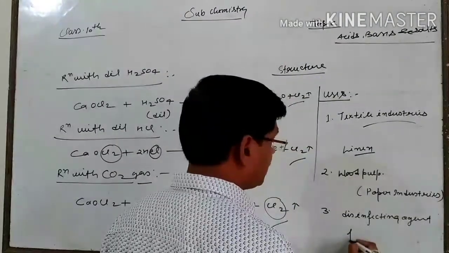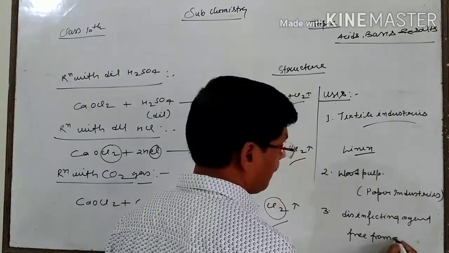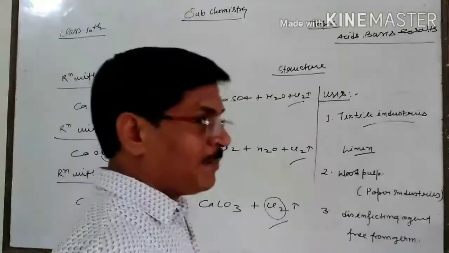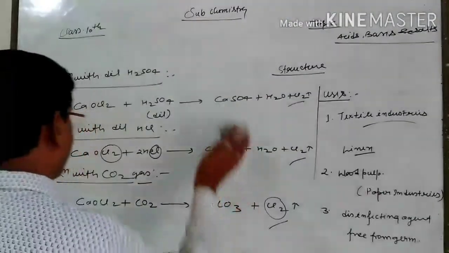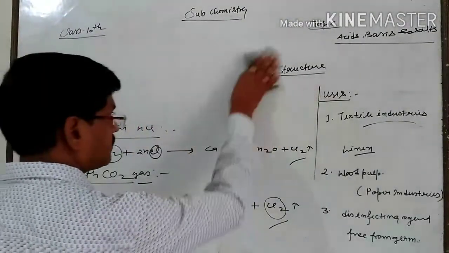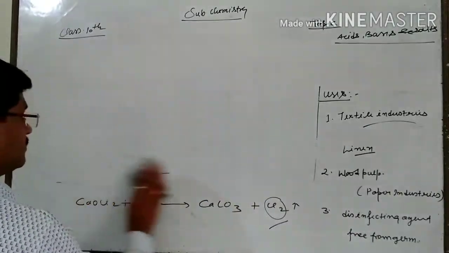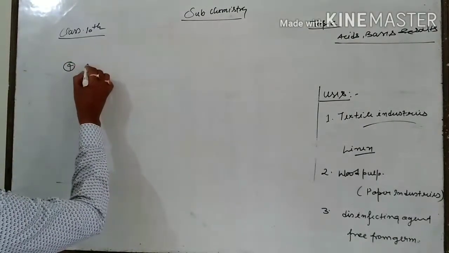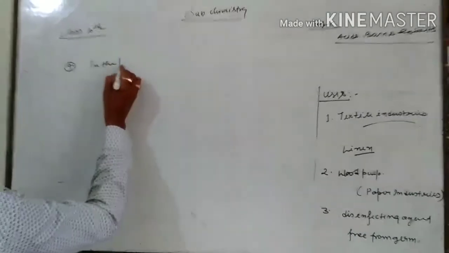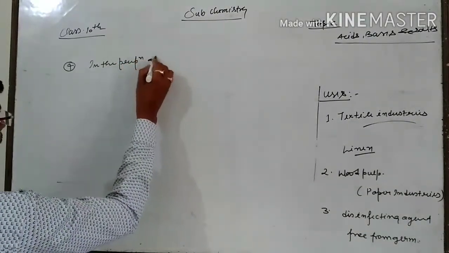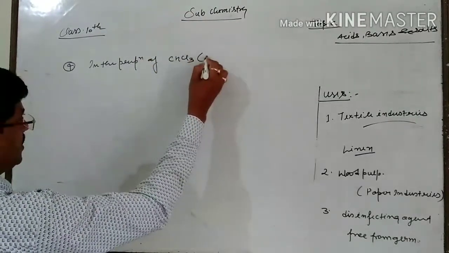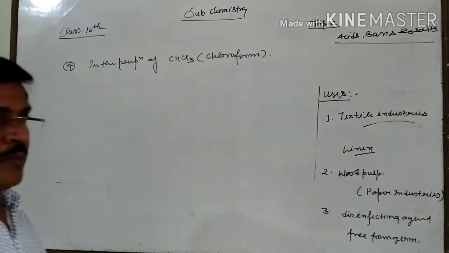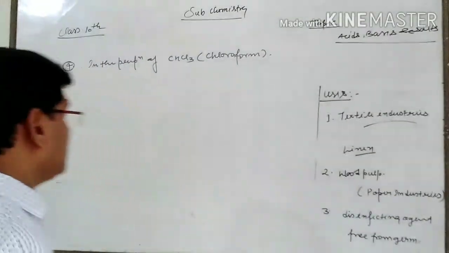Fourth, it is very useful in the preparation of a product known as chloroform. And last, it is used as an oxidizing agent.